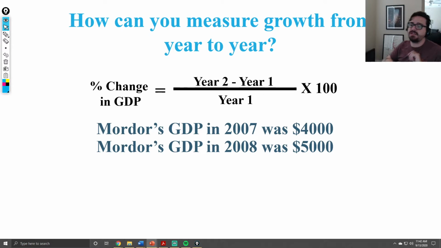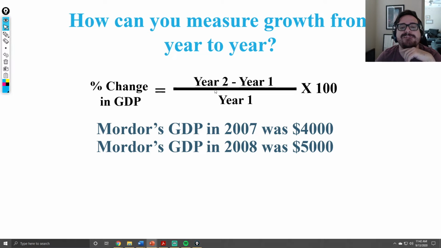It should be mentioned, because this does happen with people who have not seen this formula before, when I say year 2 minus year 1 over year 1 times 100, I do not mean in this problem here that you plug in 2008 minus 2007. You take the value of the thing you're looking for in year 2 minus year 1 over year 1 times 100.